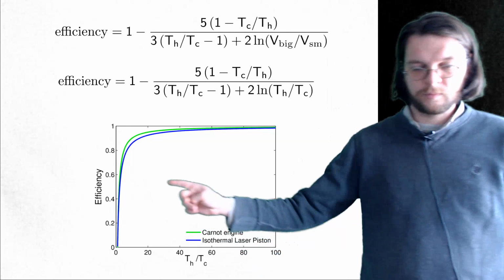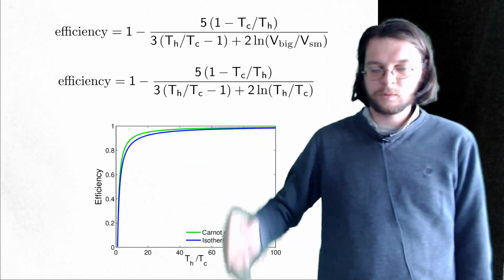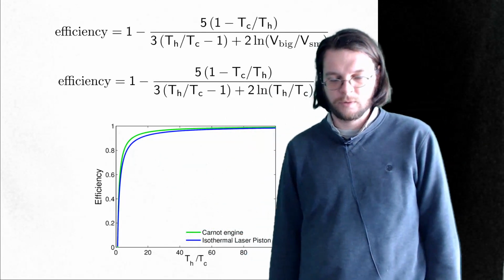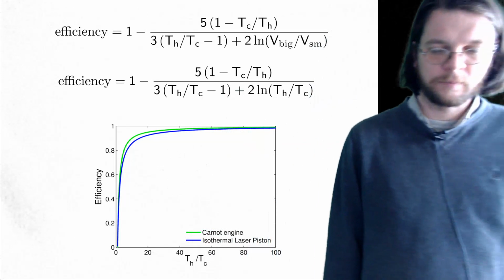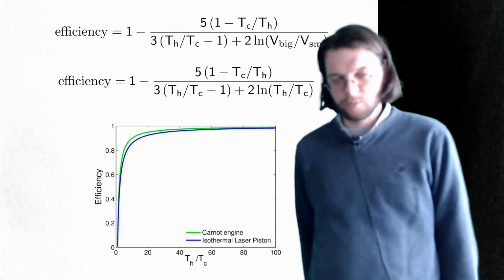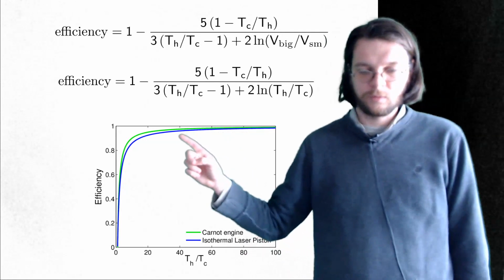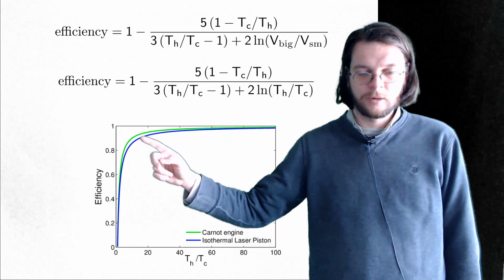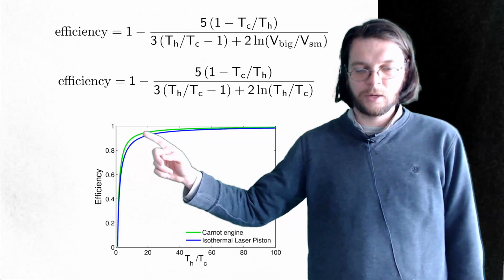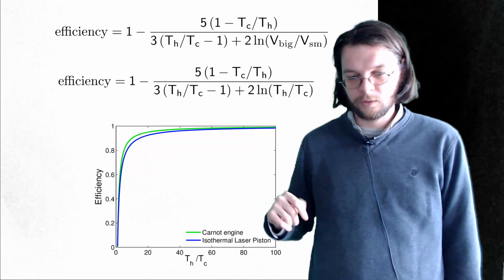But in any case, we got to the finish line. We figured out what this efficiency is as a function of temperature. And again, one of the simplest engines we could think of turns out not to be the most efficient engine that we can think of.